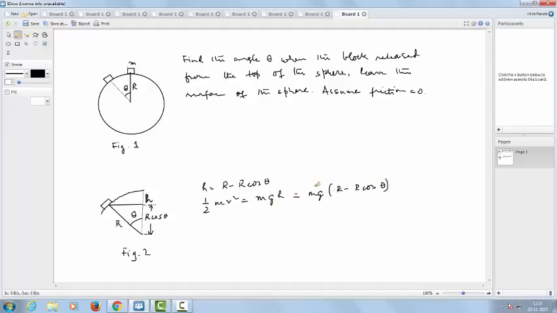So we can cancel m from both sides of the equation, and we get v square equal to 2 times g into r minus r cosine theta. Now let us call this equation 1.